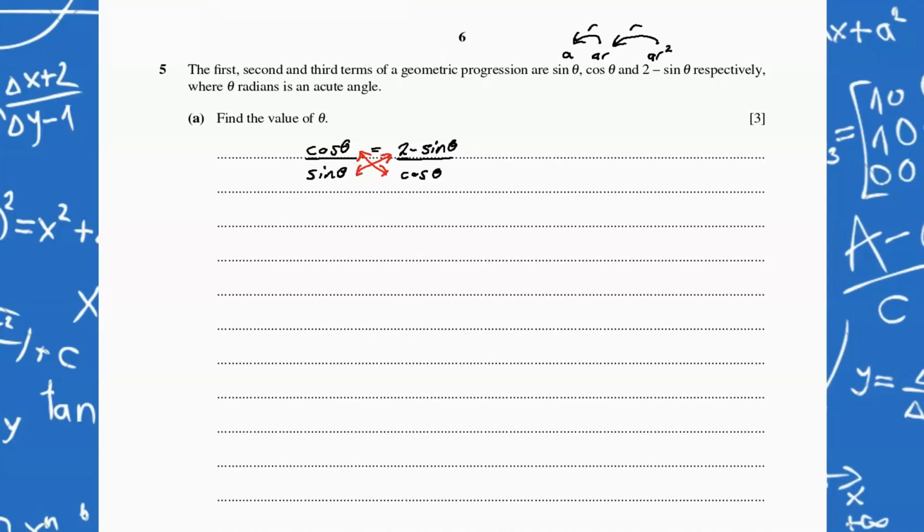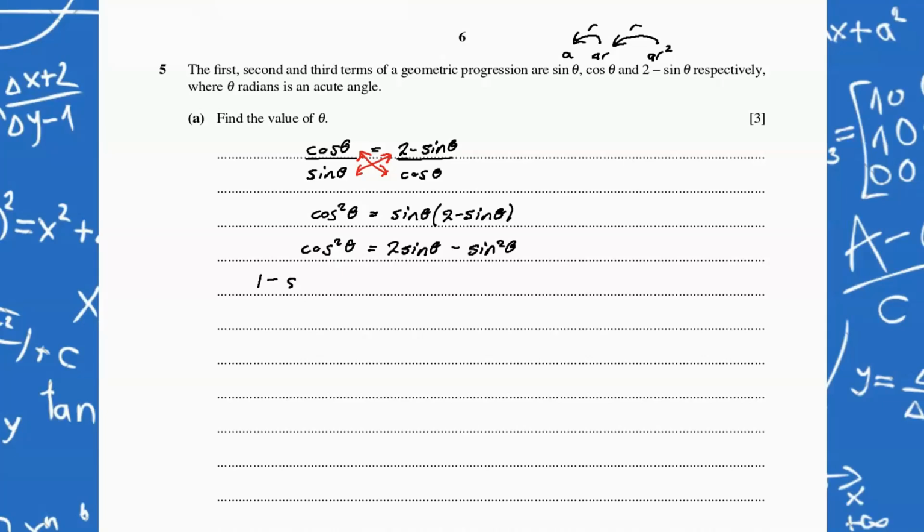If we cross multiply, we'll have cos squared theta equal to sine theta of 2 minus sine theta. So that's cos squared theta equal to 2 sine theta minus sine squared theta. We're going to express cos squared theta in terms of sine theta.